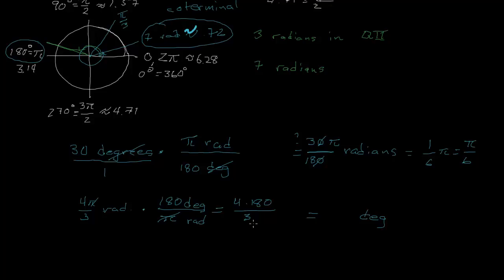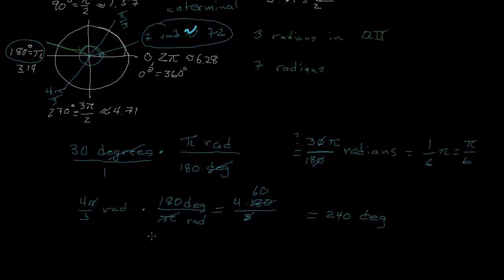I could simplify this. 3 goes into 180 60 times. 4 times 60 is 240 degrees. So 4 pi over 3, just to say where that is, 240 degrees is down here.